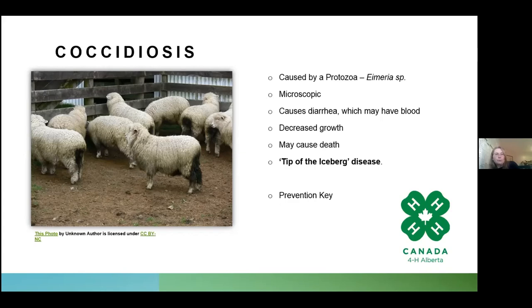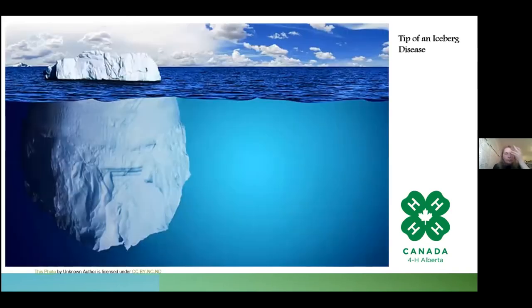Alrighty, a very important disease. Okay, so iceberg disease. Coccidiosis is an iceberg disease. When you go in the ocean and look at an iceberg, you see a very little tip of it above the water. When you look at a group of sheep, you may see a handful that have dirty bums.